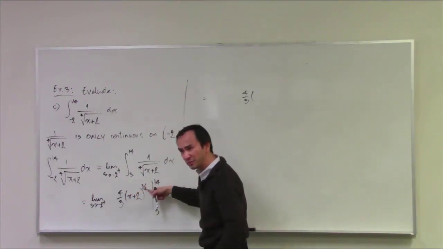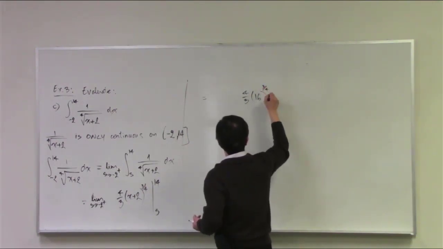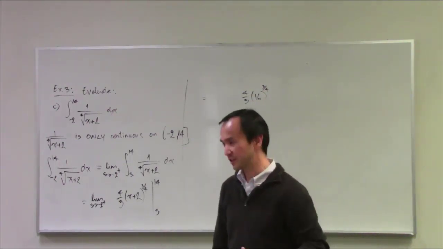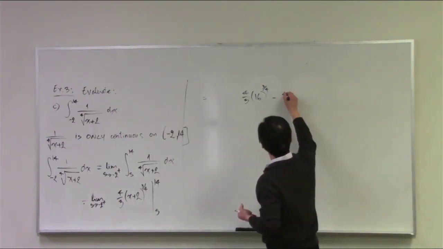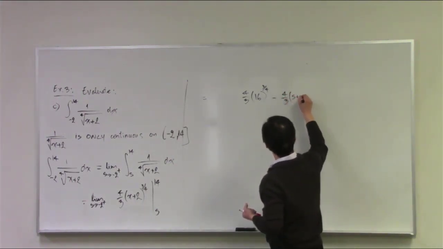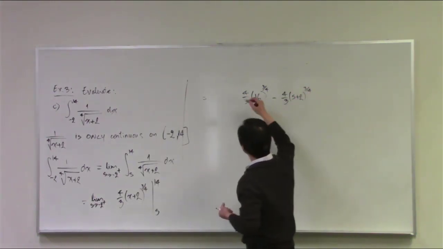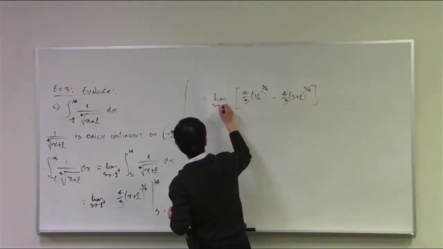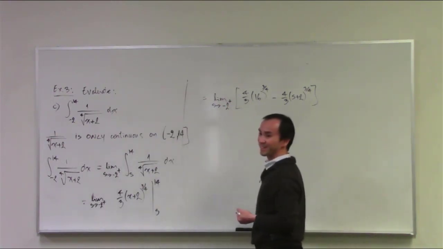The 4th root of 16 is 2, am I correct? I can just write it down as 16 to the 3/4 power, and you can use your calculator as well. Then we're subtracting 4/3 times (s plus 2) to the 3/4 power. Overall, this is a limits problem where s approaches -2 from the right-hand side.